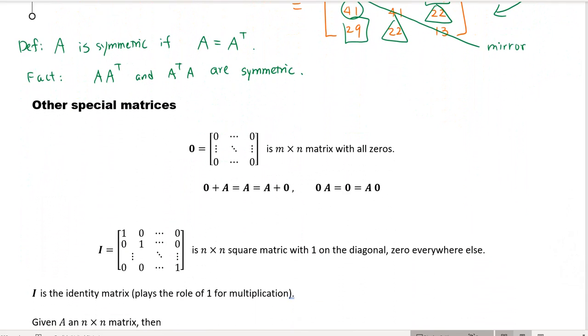Other special matrices, we have the zero matrix. All the entries are just 0. Let's assume A and 0 have matching dimensions. Then 0 plus A is also equal to A plus 0.